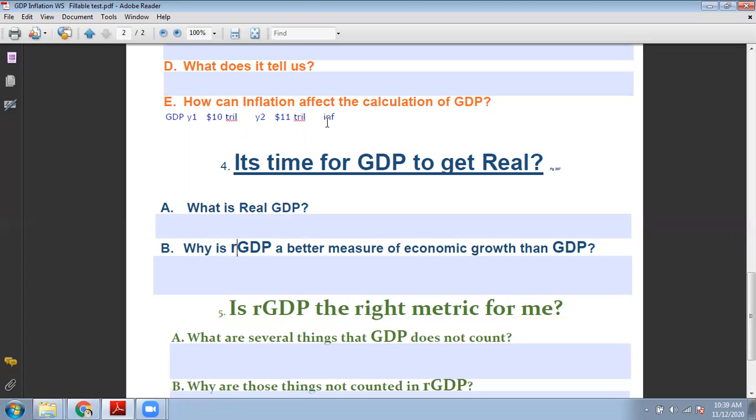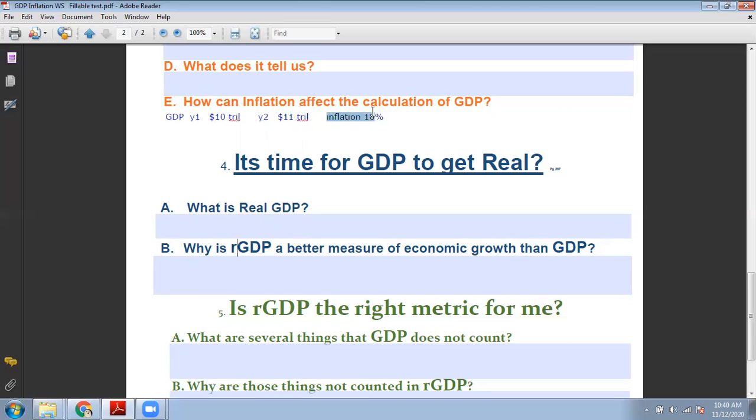So if we had GDP right here from year 1, and we said that we made $10 trillion of goods, then we had GDP for year 2, and we made $11 trillion of goods. Even though we know we made an identical amount of goods, we know that there's 10% inflation.